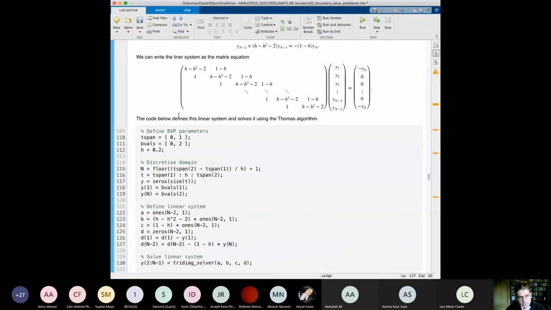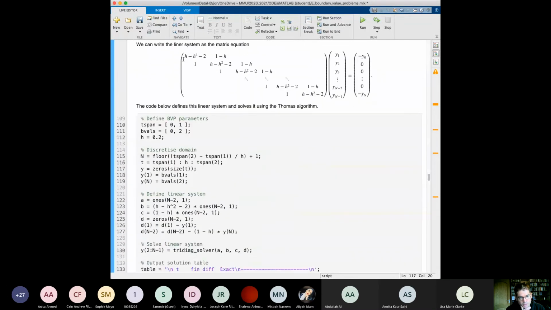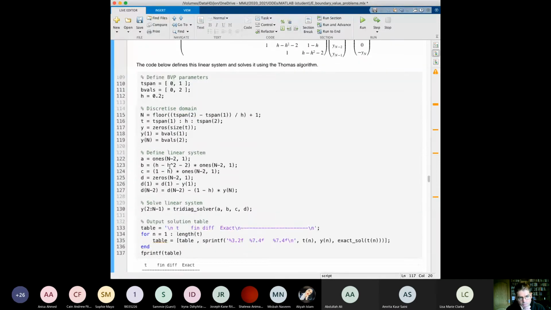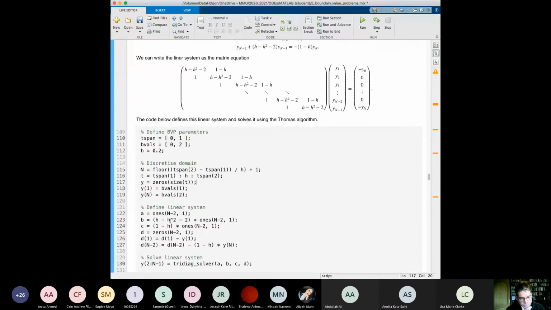Okay, so now I need to define the a, b, and c: the lower diagonal elements, the main diagonal elements, and the upper diagonal elements. So a was all ones, so I've just got n minus 2 lots of ones. B is h minus h squared minus 2, multiplied by an array of ones, and that gives me all of my b's.